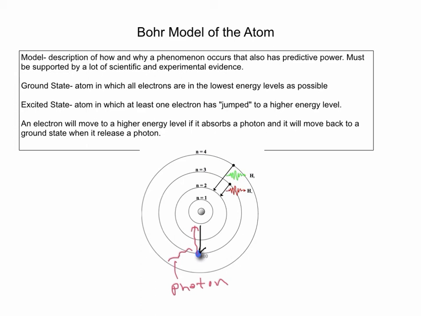Now, the last thing I want to talk about in regards to the Bohr model is actually the beginning of quantum mechanics. We actually saw some quantum mechanics when we dealt with a photon. Quantum just means a little piece of something. But we need to see what types of photons will be absorbed by an electron.